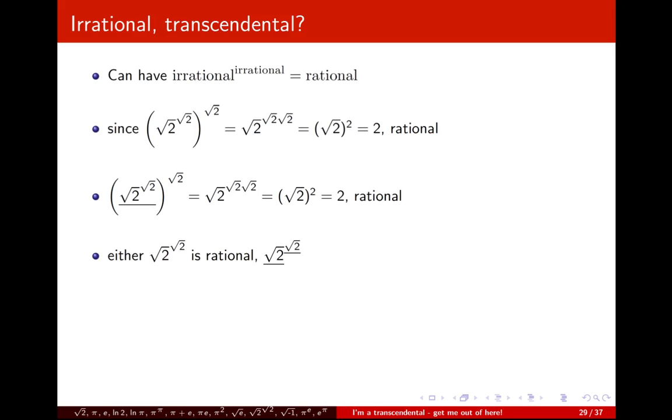So if the square root of 2 raised to the square root of 2 is rational, we already have an example of an irrational number raised to the power of an irrational number with a rational answer, because that's what we assumed. Even if we don't know the square root of 2 raised to the square root of 2 is rational. If it was, then we have an example.